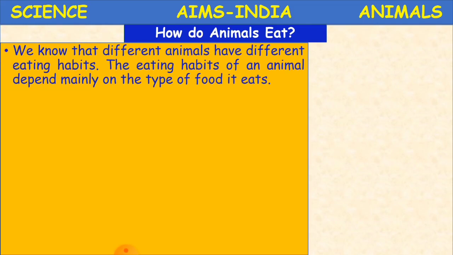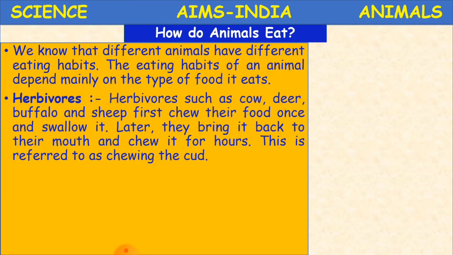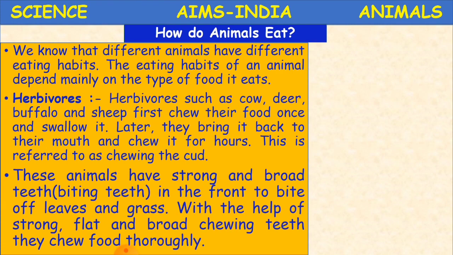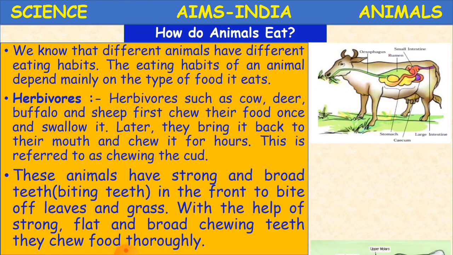We eat with the help of our teeth. In the same way, animals eat with their different types of body structure. So we'll learn that now. We know that different animals have different eating habits.